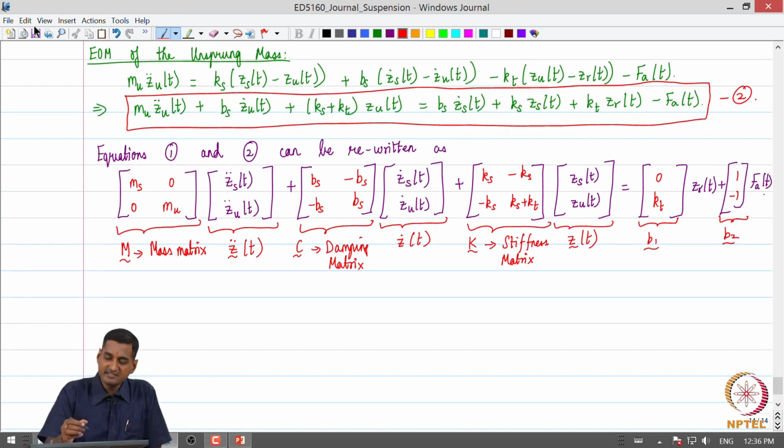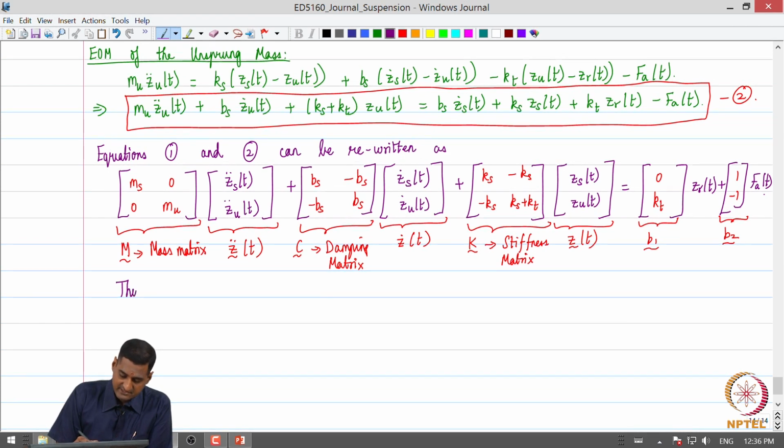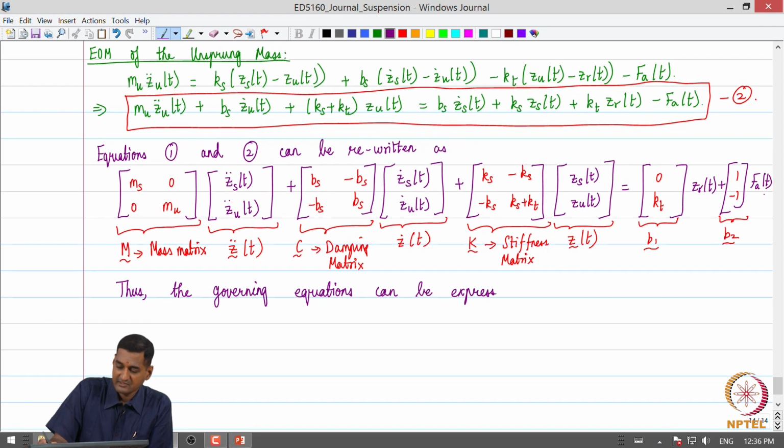Okay. So, this implies that the governing equations of the quarter car model can be expressed in this generic form.